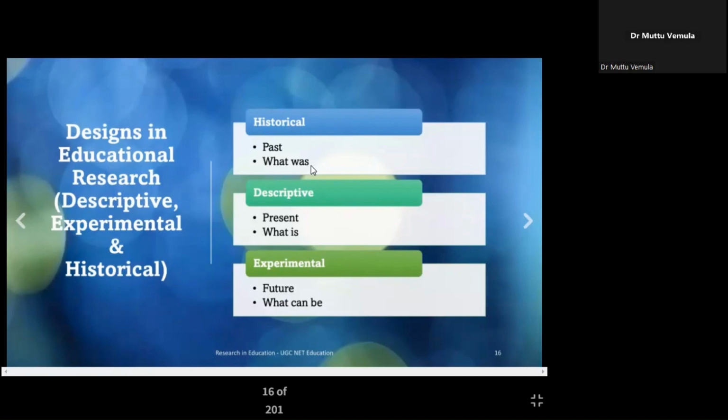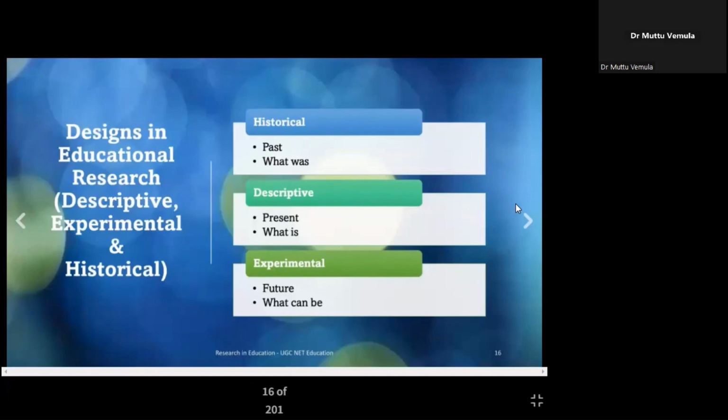But suppose the question is what was the budget allocated in the 2023-24 financial year for education in India at the national level. Now this belongs to historical research, option 1; descriptive research, option 2; experimental research, option 3; none of the above, option 4. Yes, please do respond. I'm repeating the question. Listen carefully.